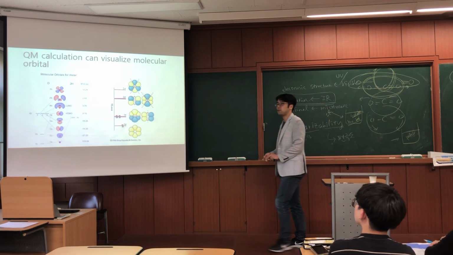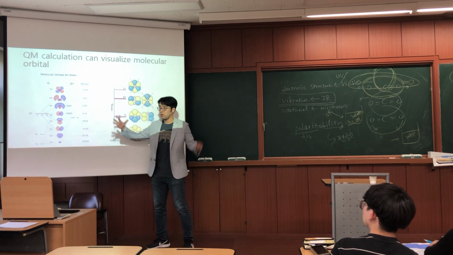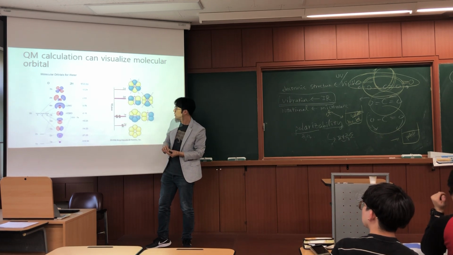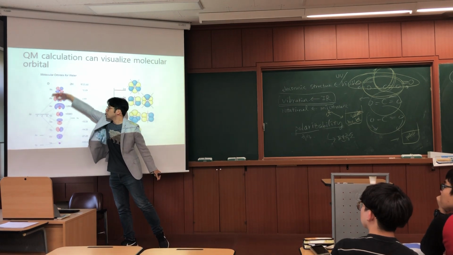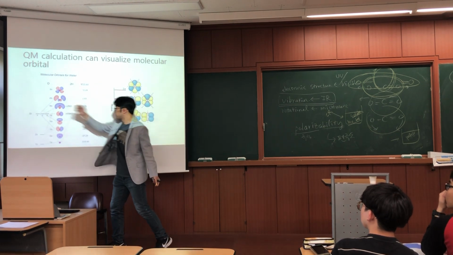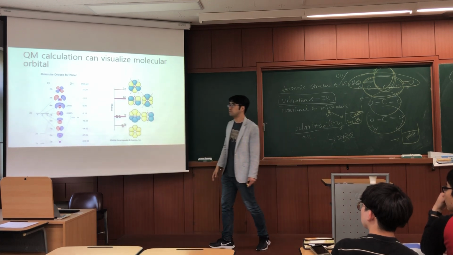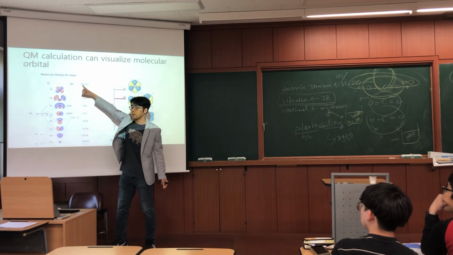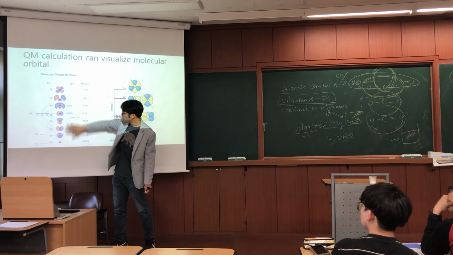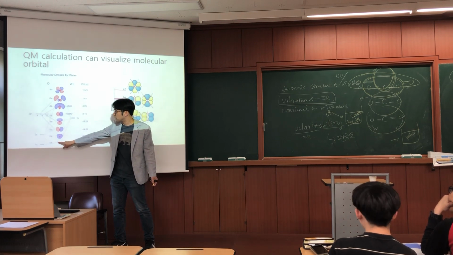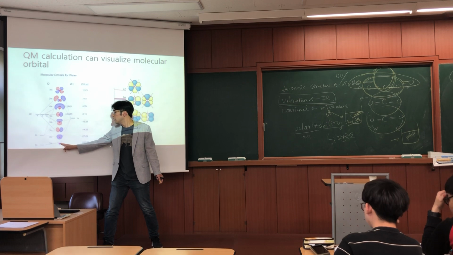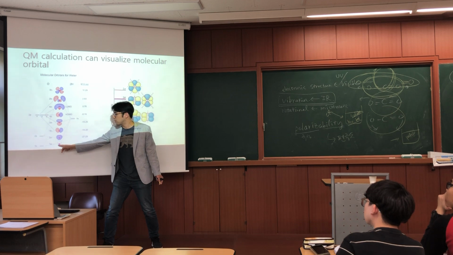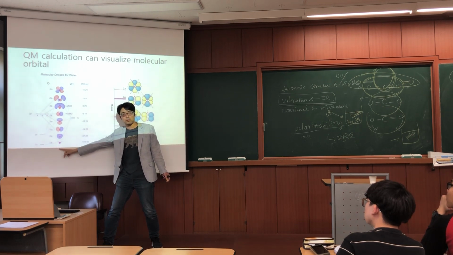As you have already studied, if multiple atoms are connected together and form a single molecule, then their energy levels are divided and they form a certain form of orbitals, molecular orbitals. For example, these are the molecular orbitals of a water molecule. Here it means that the lowest energy electrons are captured around and exist around this oxygen nucleus.